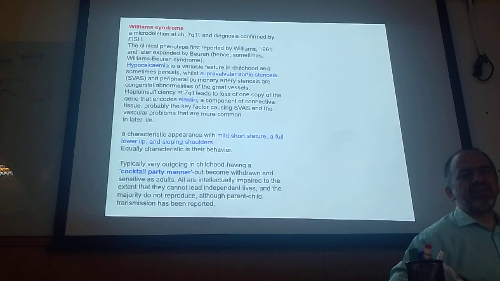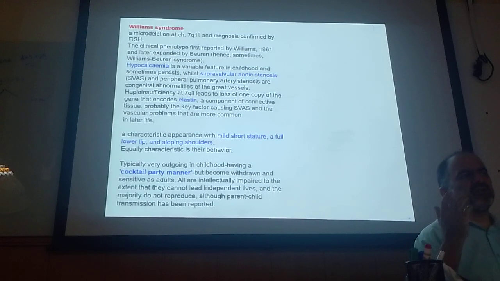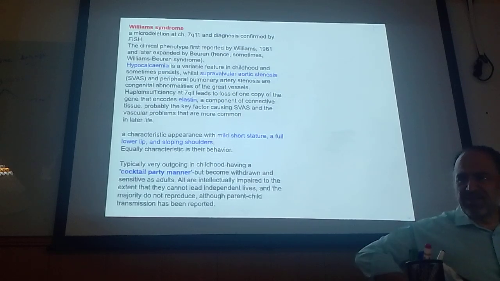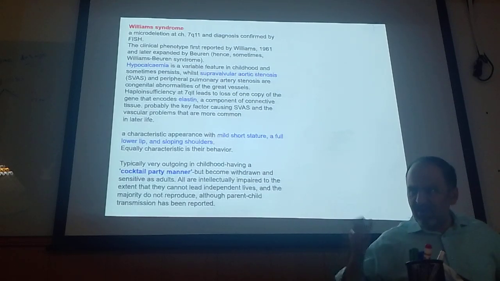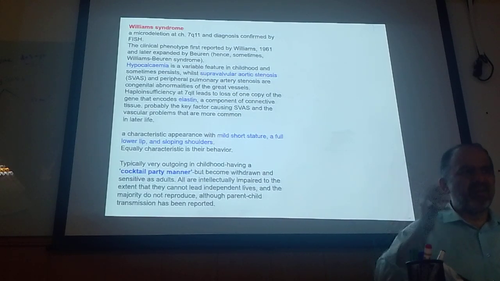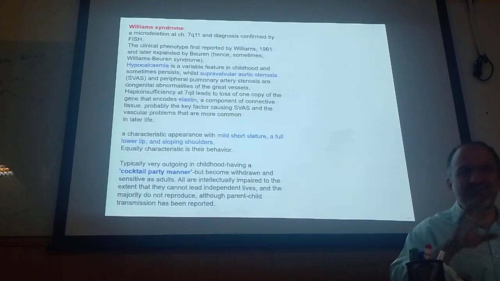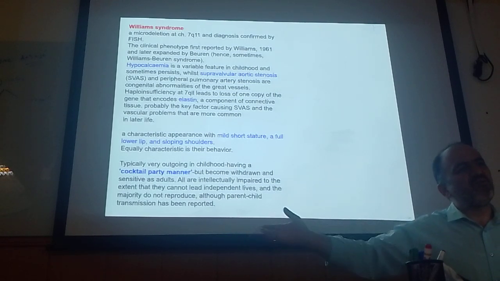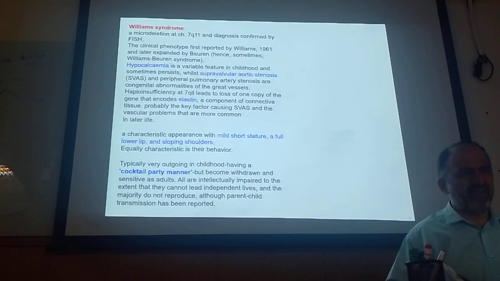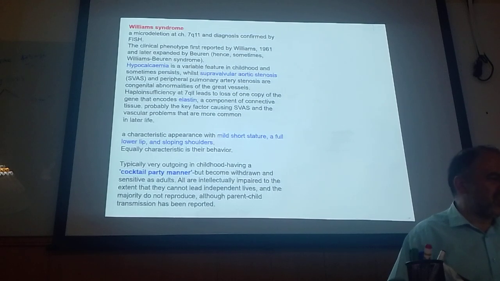Without drinking alcohol, they are laughing too much. When you see somebody laughing too much, you don't say, maybe you were at a party. No. Here, they are laughing too much. Cocktail party manner. This is the first example of a behavioral genetic problem. Because of the retardation, they laugh too much.